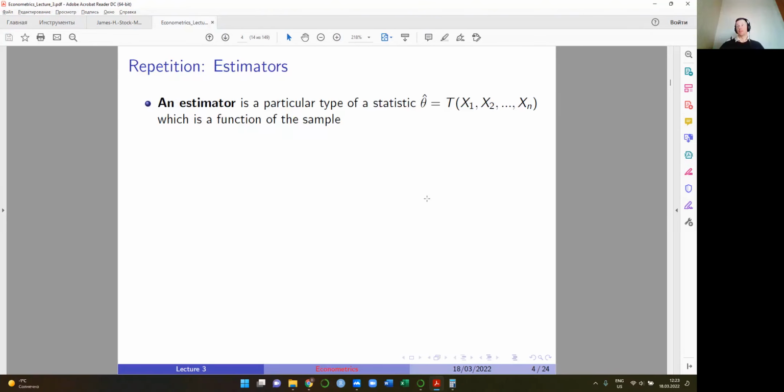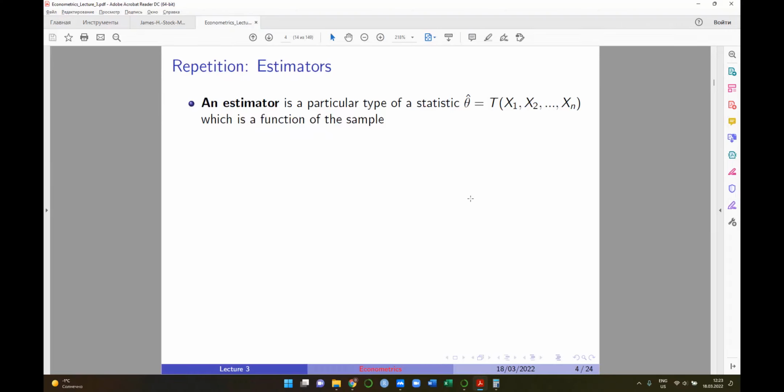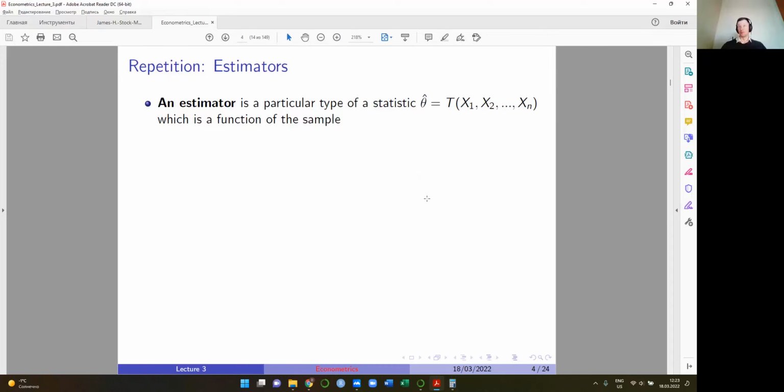So first of all, let's repeat some theory about estimators, just to remember what exactly we are doing. So what is an estimator? It's a particular type of a statistic, which is the function of a sample. So we collect a sample. Based on this sample, we calculate something.